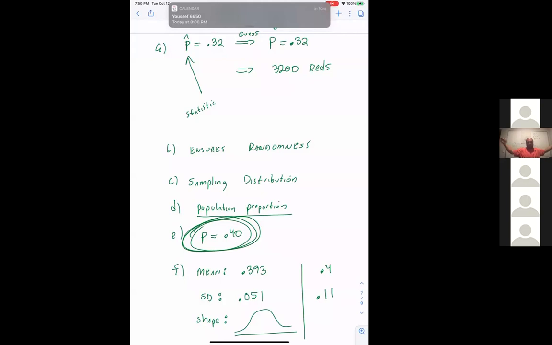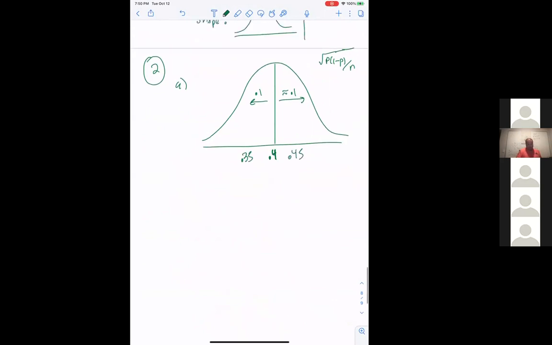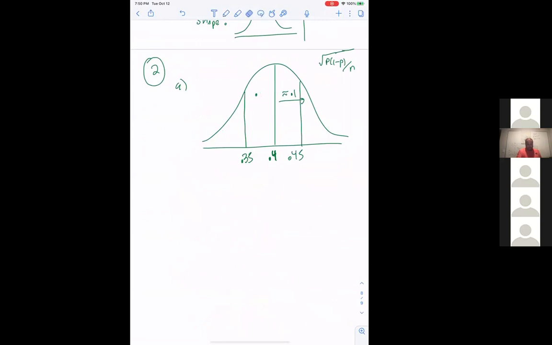Between what value and what value do you get $25? From 0.35 to 0.45, correct? So how far out do I have to go to reach 0.35 or 0.45? How many standard deviations do I have to go?